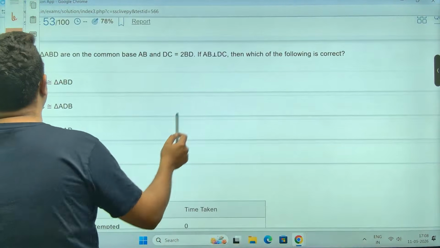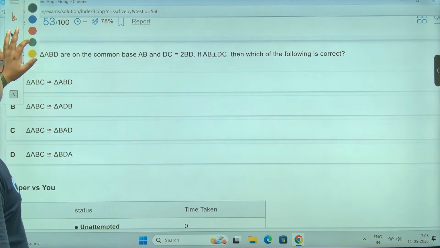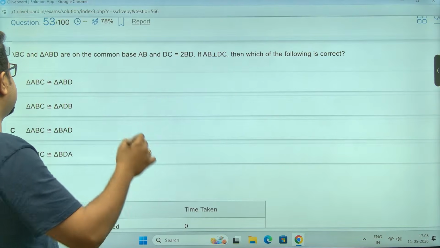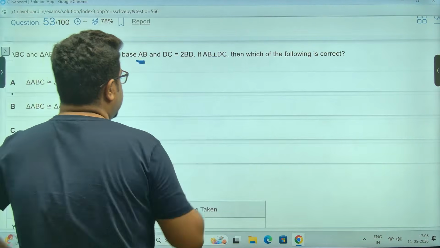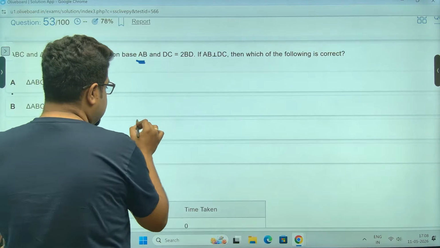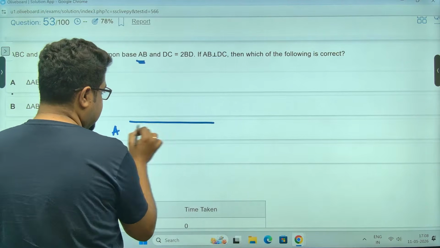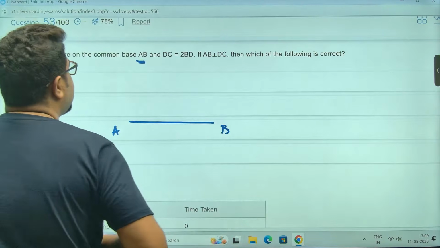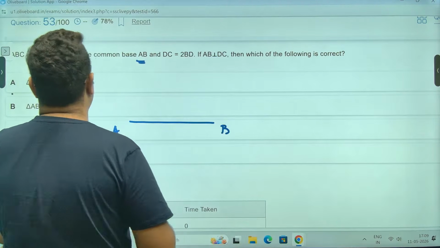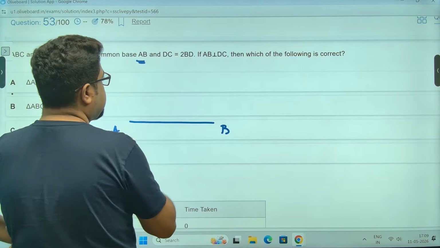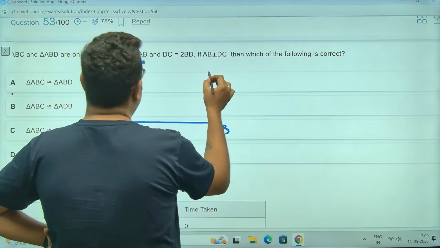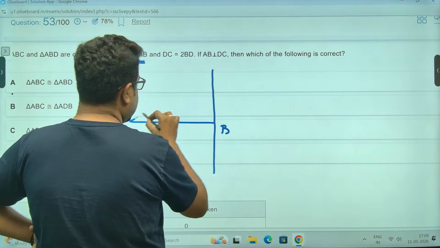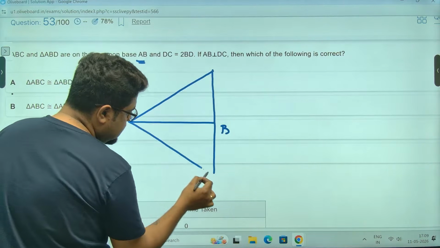What they are saying? Some geometry question, sir. ABC and ABD, two triangles. AB is common. AB is the base which is common, sir. So AB is perpendicular to DC as well. This is how the triangle looks.